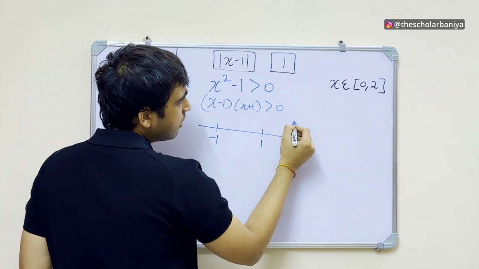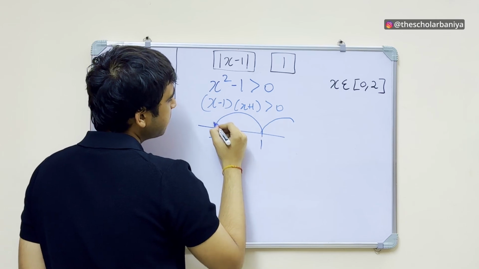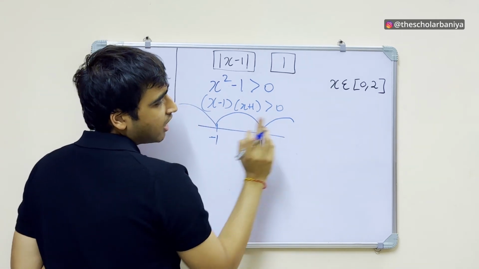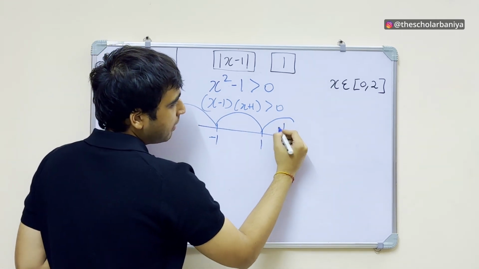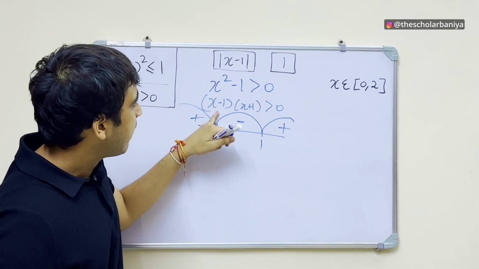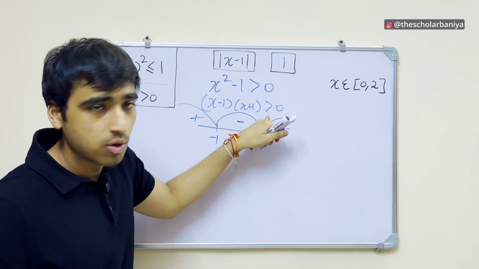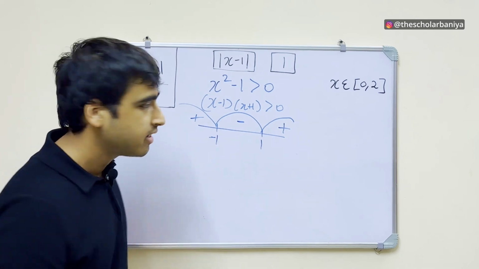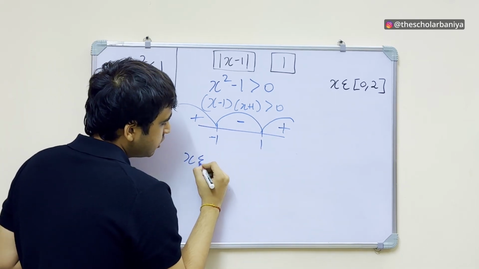And then again we make this sort of shape, and we always start with plus. So plus, minus, plus. But now we have the case that it is greater than 0, so we will take the positive signs. So x belongs to, what is this?